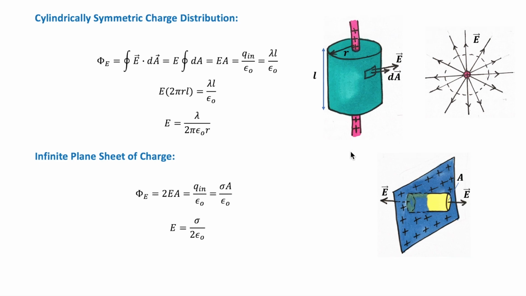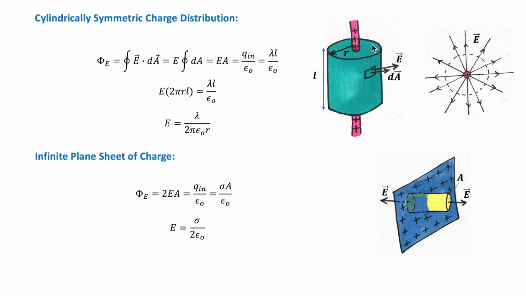So if the line is not infinite but has a finite length, there will not be enough symmetry to use Gauss's law because the magnitude of the electric field is no longer constant over the surface of the Gaussian cylinder, because the field near the ends of the line will not be the same as the field for points far from the ends, and its direction near the ends will not be parallel to the surface as in the case of an infinite line, okay?